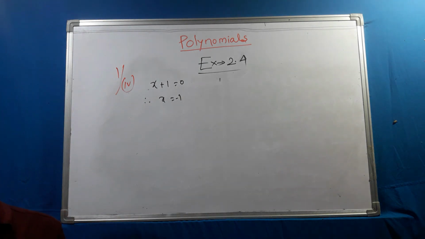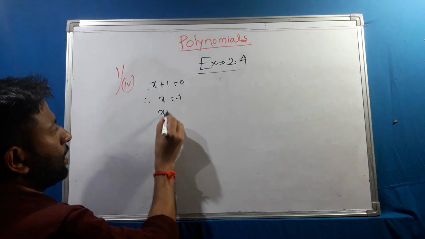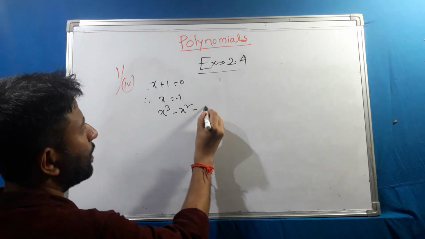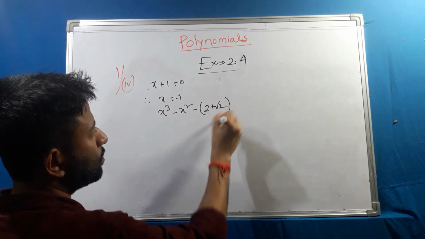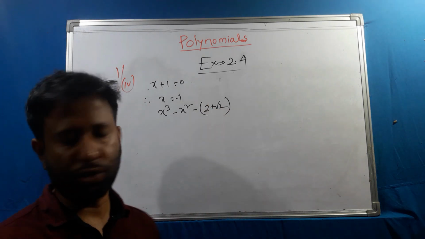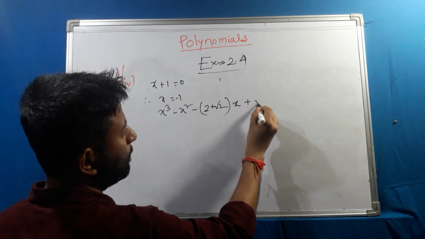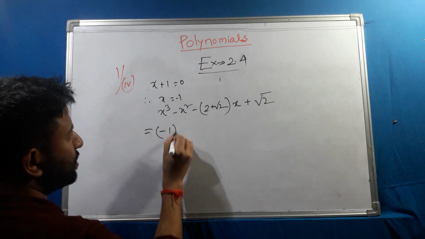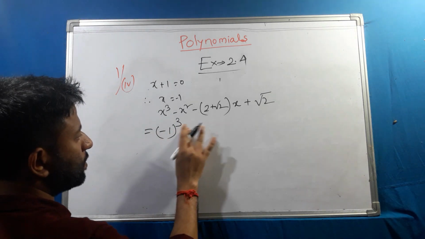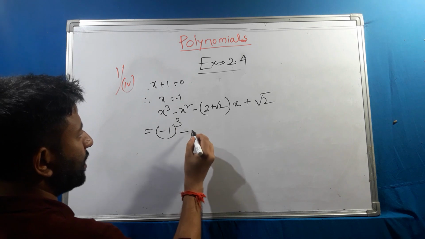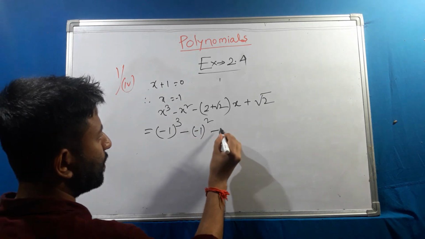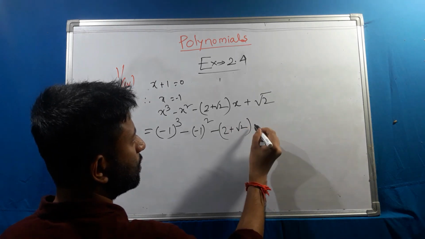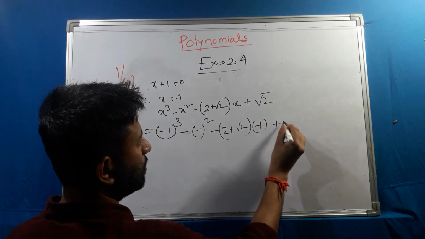Under such a situation, the term given is x cube minus x square minus 2 plus root 2 into x plus root 2. Now here I have to put x equal to minus 1. So minus 1 cube minus 1 square minus 2 plus root 2 into minus 1 plus root 2.